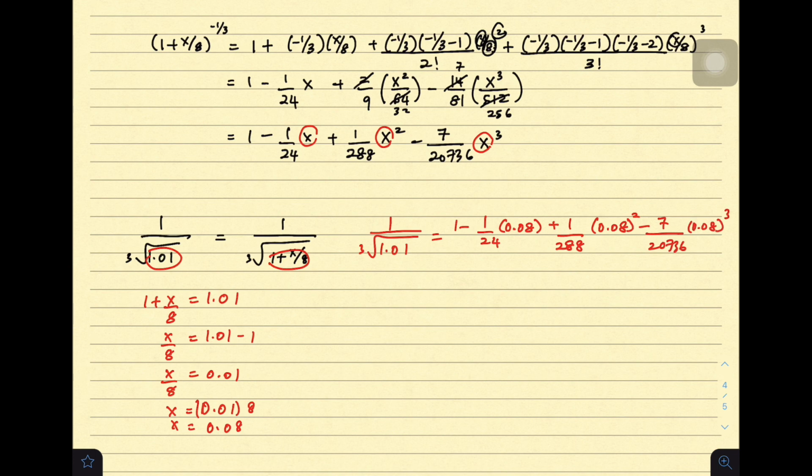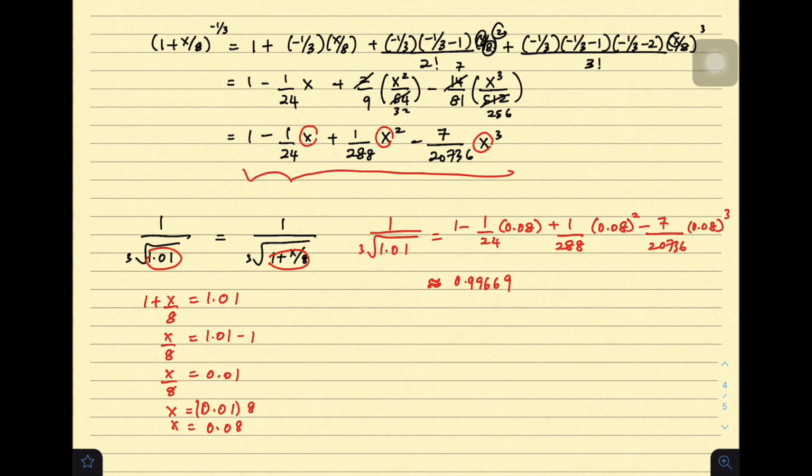Okay, so kita boleh tekan kalkulator. Okay, so awak akan dapat jawapan dia adalah estimate lah. Kita buat tanda equal macam ni, maksudnya the estimate value 0.99669.